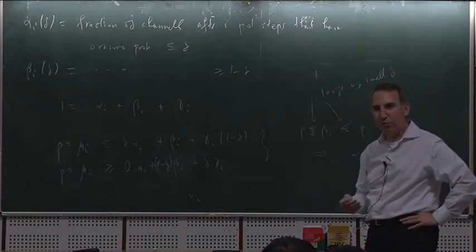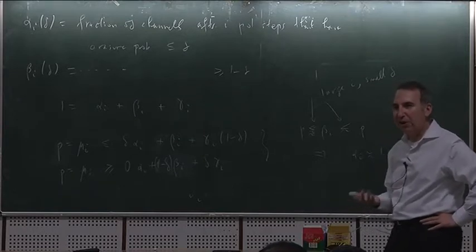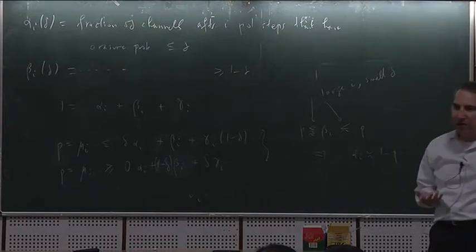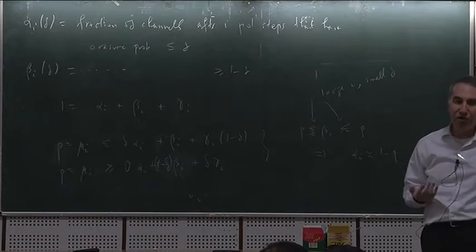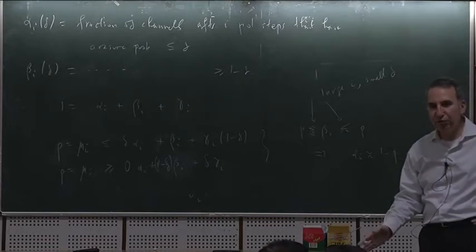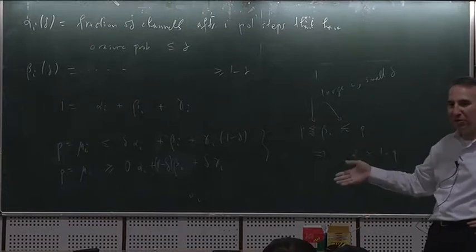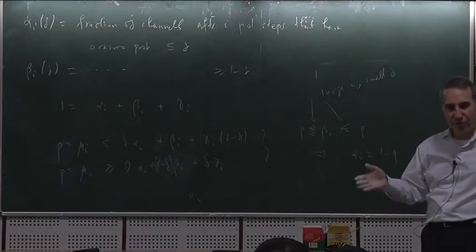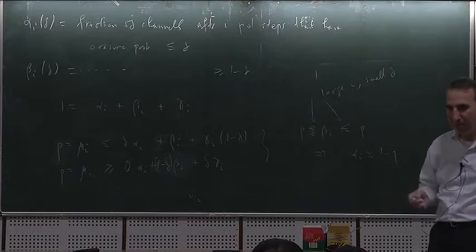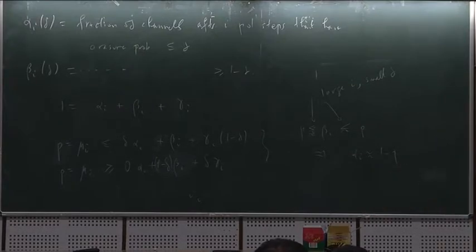If you do these steps many, many times, you'll end up with a vanishing fraction of ugly channels, and the fraction of good channels is going to converge to 1 minus p. The fraction of bad channels is going to converge to p.